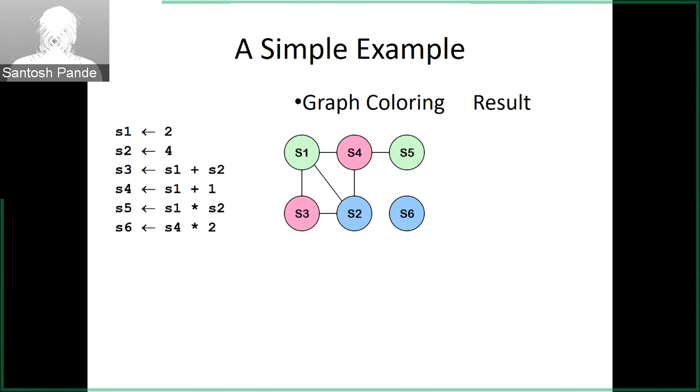Now, if you have a smaller number of registers, which is typically the case, the number of ranges which interfere is typically much higher than the number of registers. The number of registers is typically either 32 or maximum 64.